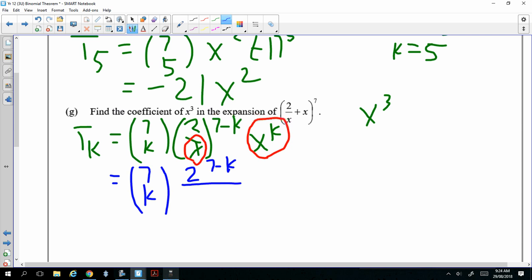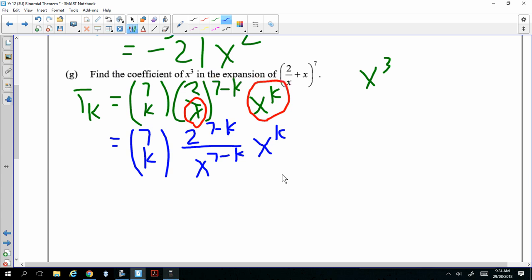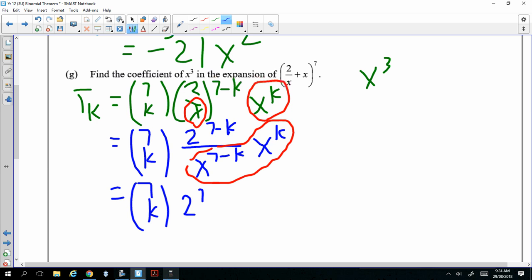And then you have to combine these two. How do you combine them? Use index law. When you divide, you subtract the indices. So you subtract k by 7 minus k. Note the use of brackets. So you separate the coefficient from the pronumeral. That's the key. Separate them.